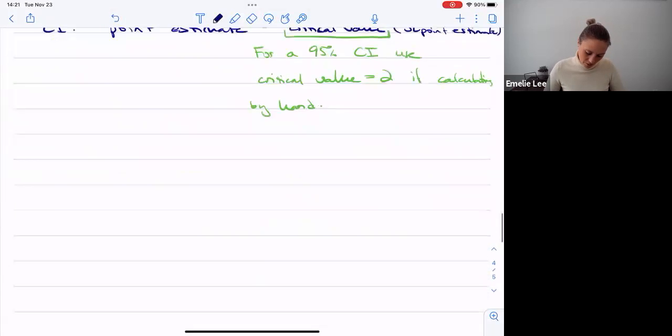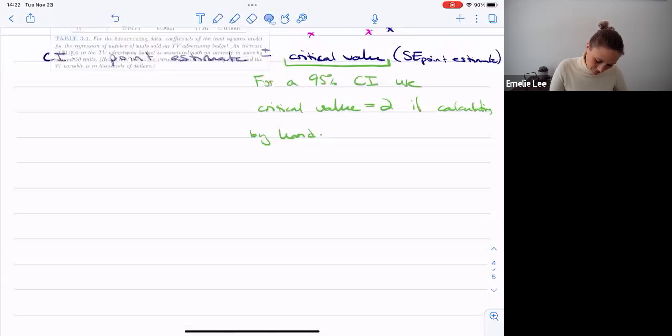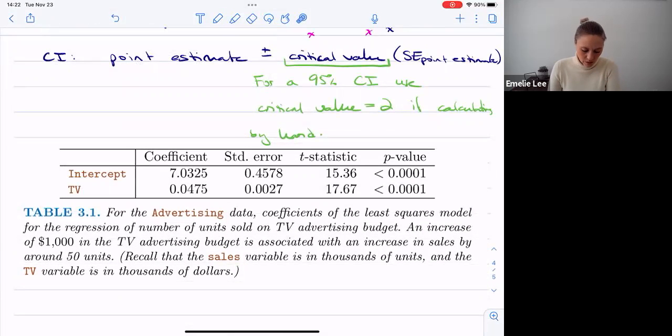So let's have a look at some output here. We're looking at the advertising data, and we're given these coefficients. We're given a coefficient for the intercept, and a coefficient for TV. TV is the predictor variable, and I'm trying to predict sales, the amount of sales that we have in thousands, if we spend some amount on the TV advertising.